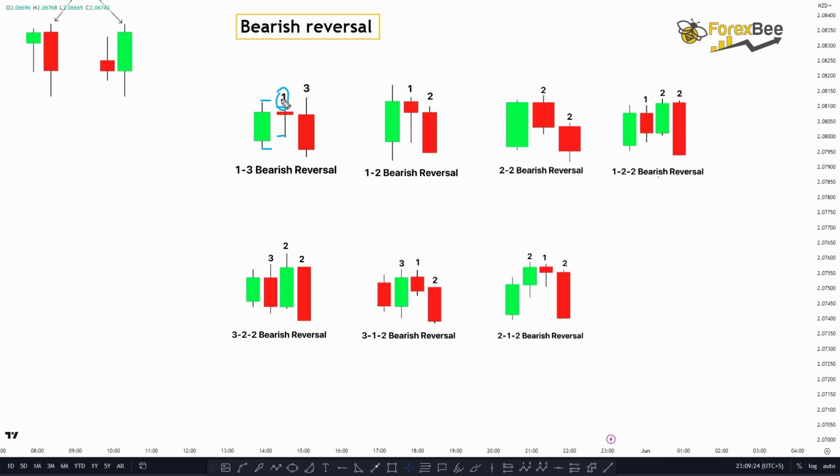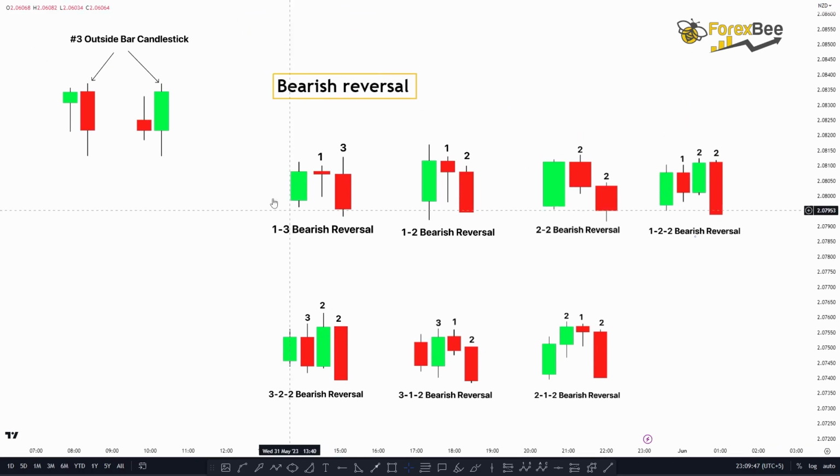So this is 1, and this is 3, which is an outside bar candlestick, in which the next candle totally engulfs the previous candle. You can see that the high of this next candle is above the high of this middle candle, and the low of this 3 candle is below the low of the previous candle. So this is how we determine the 1-3 bearish reversal, the strat pattern.